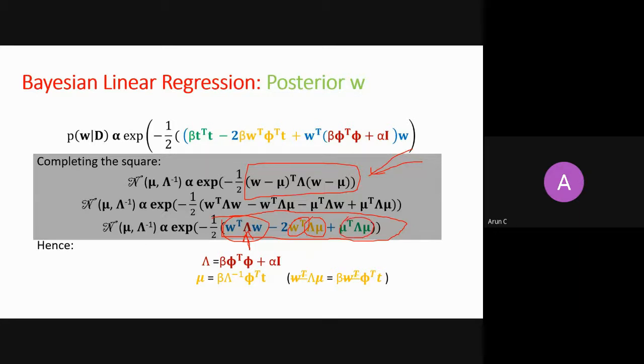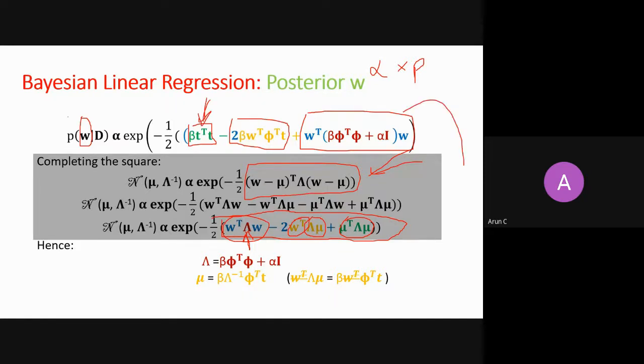Now in the previous slide, we multiplied our likelihood function with our prior function. When I multiplied the likelihood with the prior, we intentionally first collected all the quadratic terms, then all the linear terms and all the constant terms, right? Why am I saying this is constant? Because we are trying to find the posterior distribution over W. With respect to W, your data set is constant, right?